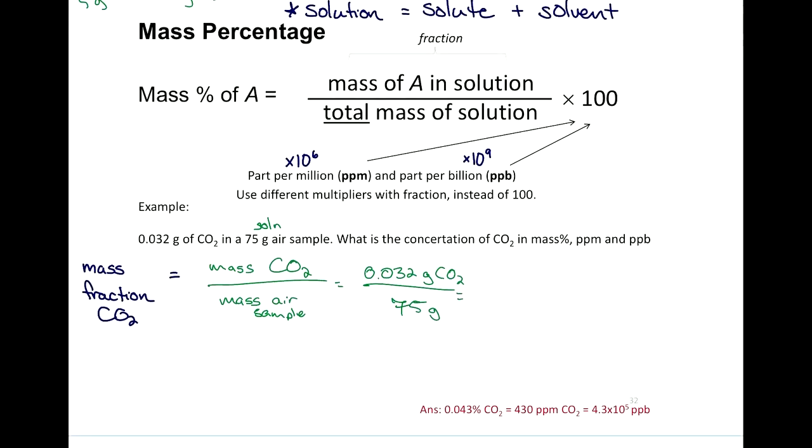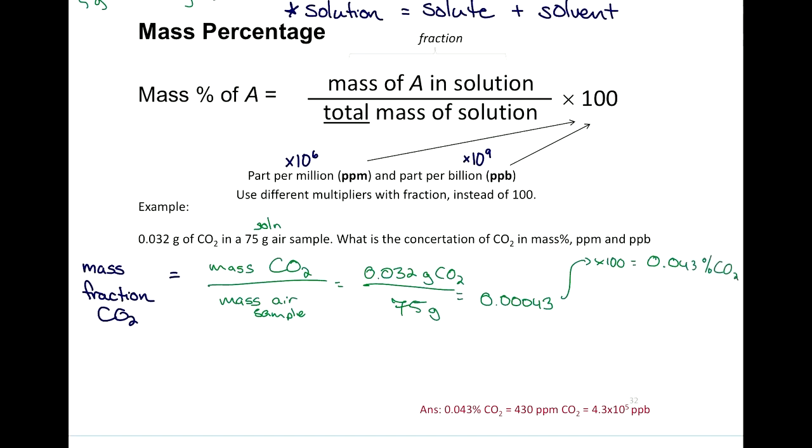And so what we get here is a tiny number. Did I write it down? No, I didn't. So this number is, I think, something like 0.00043. And so that's the fraction. So in order to get a percentage, we multiply by 100, and so we get that this sample is 0.043% CO2.